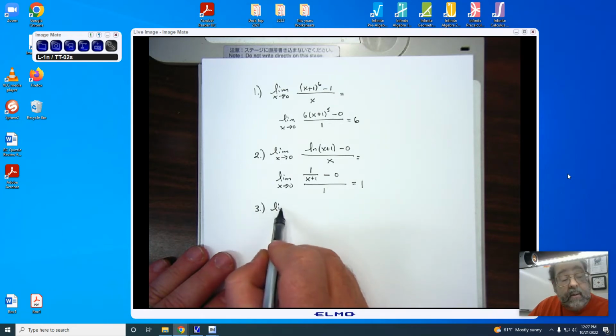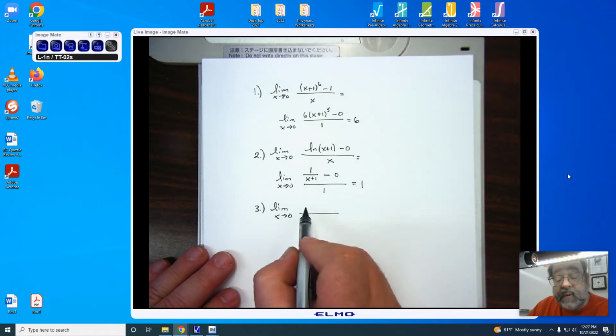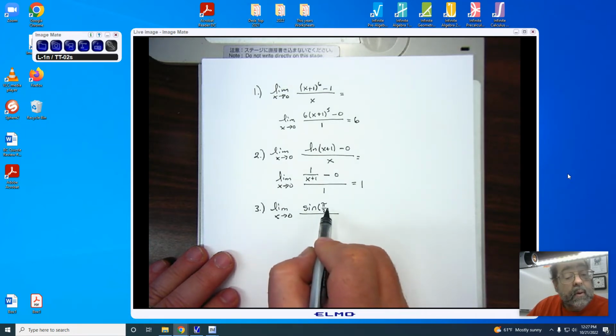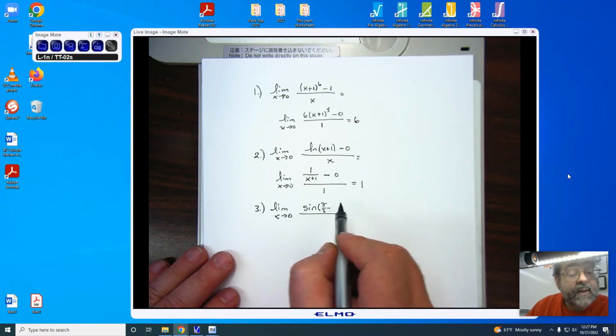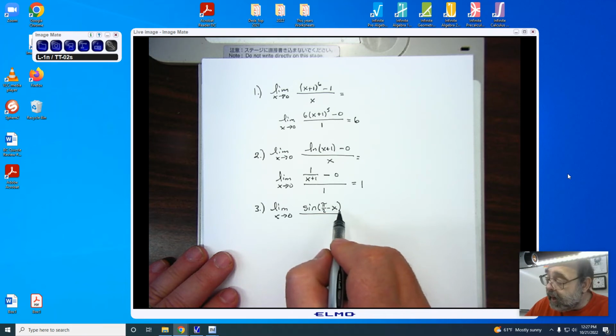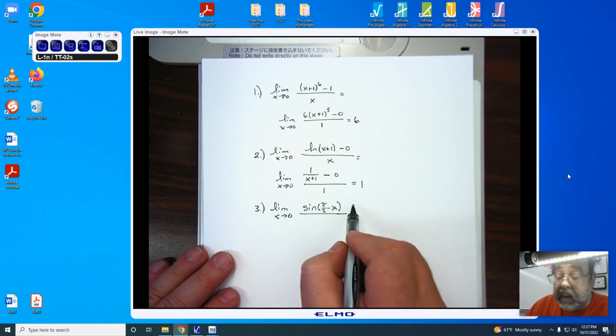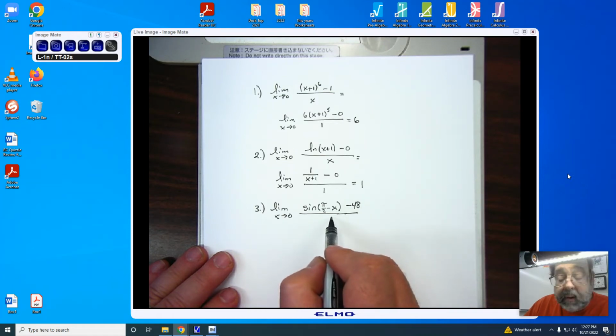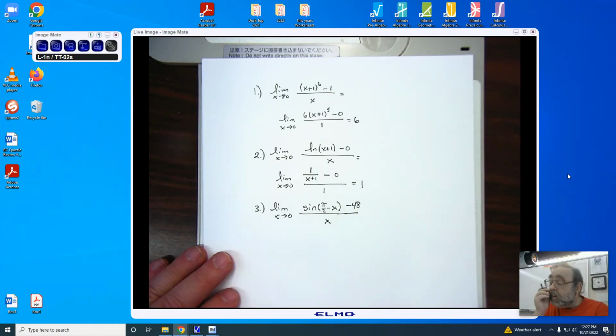So I have the limit as x approaches 0, and I am looking at the sine of pi over 2 minus x this time. And I have the minus 48 divided by x. Now, please be careful.